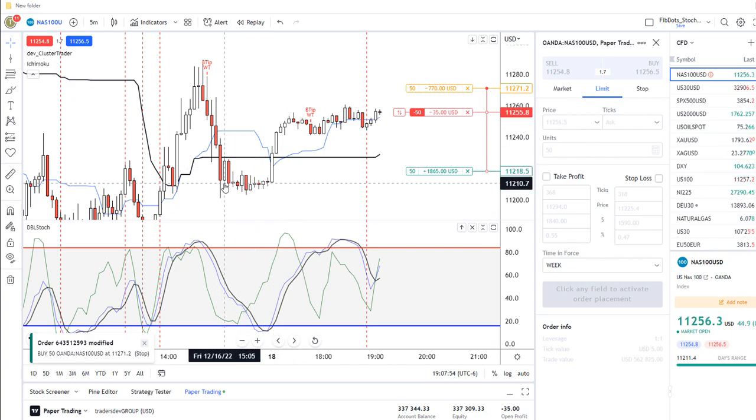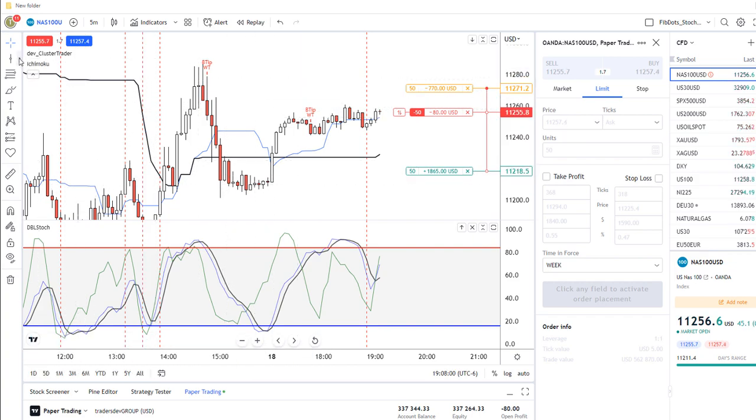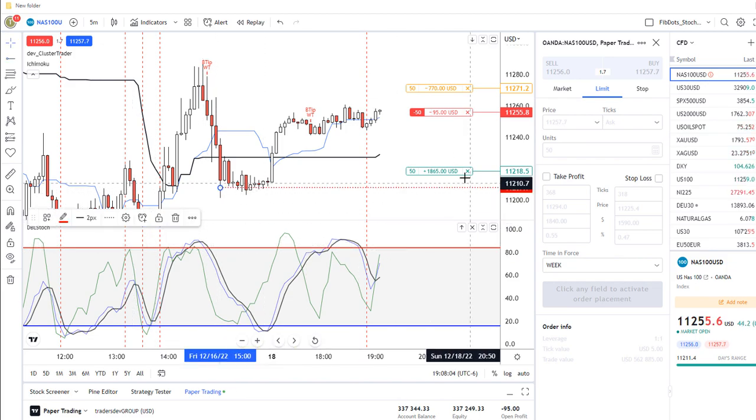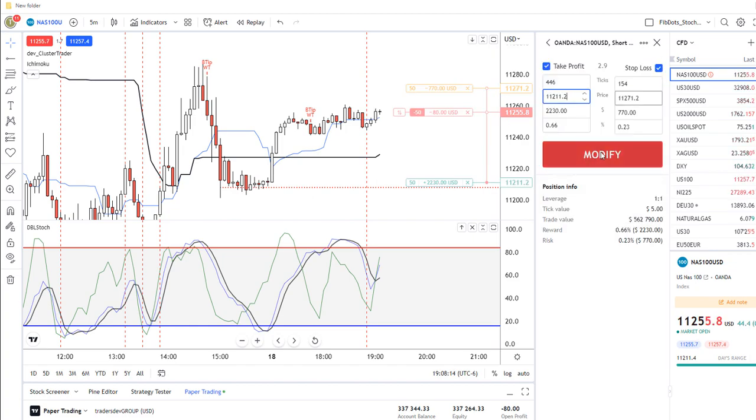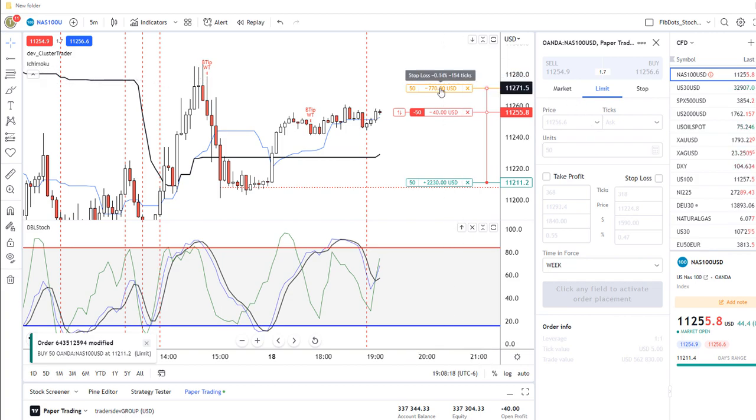Market came down, stopped on a dime, and then from there popped back up. So I'm going to use that support level right there as my profit target. See how I've got my left mouse depressed, and I can move it, and then I left click, drop it in. Still have to click modify, and now I'm risking 770 to make 2200.